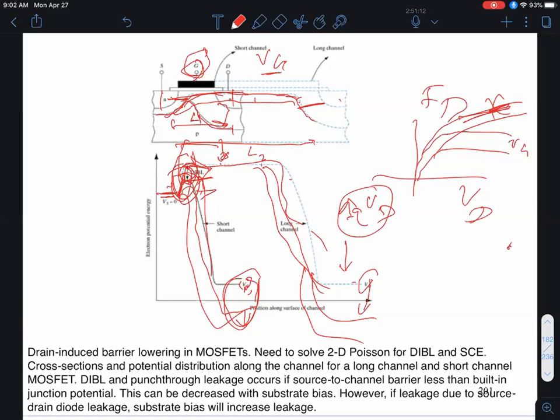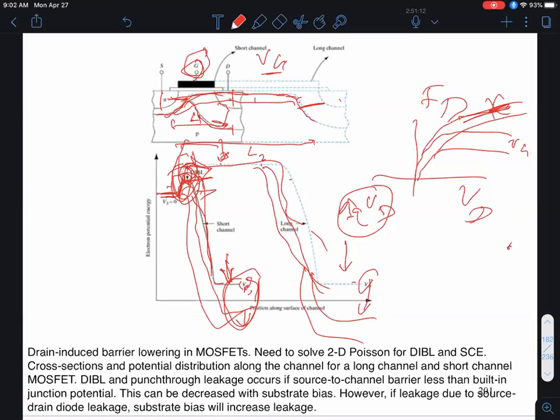And as you keep doing that, look at this solid curve over here. At some point, the increase of the drain voltage, or reduction of the drain potential energy, for a short channel device leads to a reduction of the source to channel potential barrier. And that's why it's called drain-induced barrier lowering, okay?